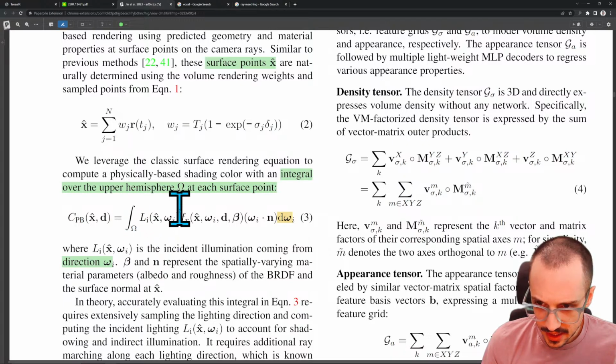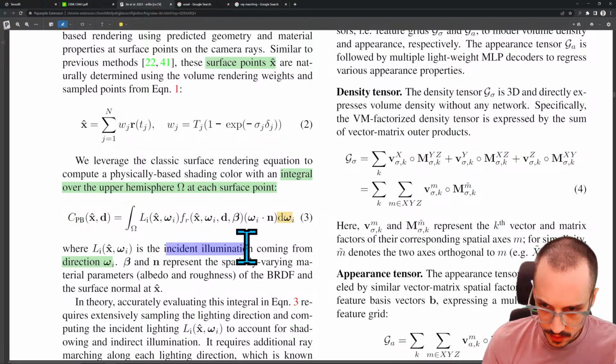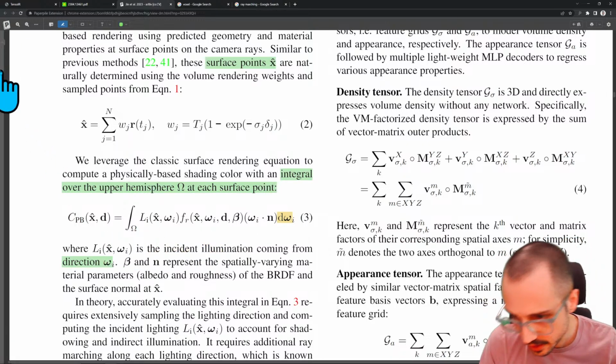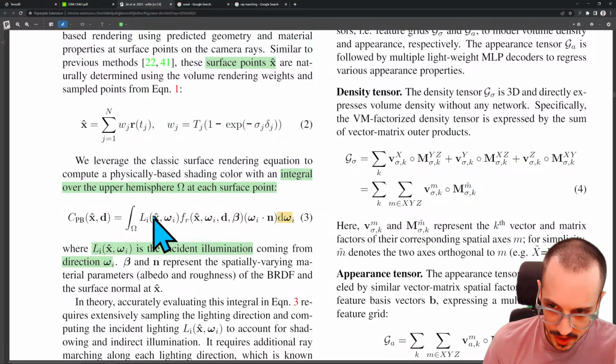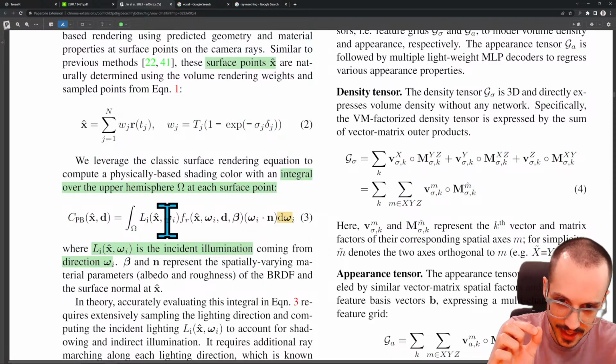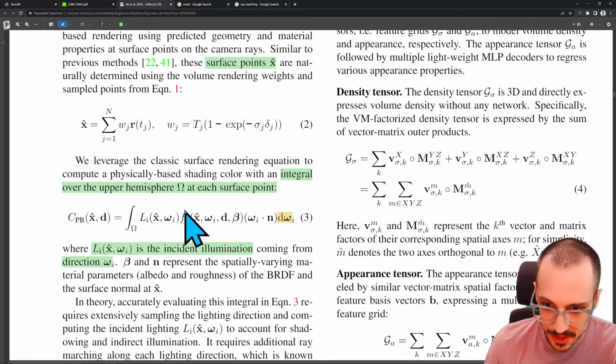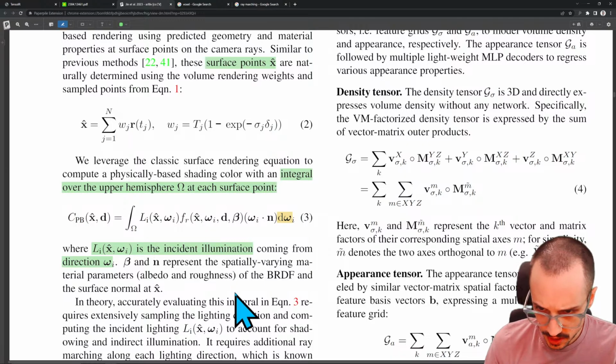What do you have here? L_i is a function of x hat and omega_i, so this is the incident illumination. We have incident illumination, which is a function of the surface point, and then omega_i, which is basically a vector, which is the illumination direction.